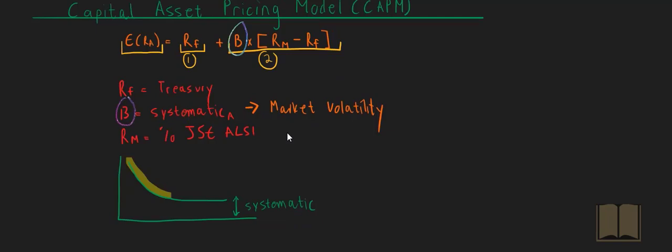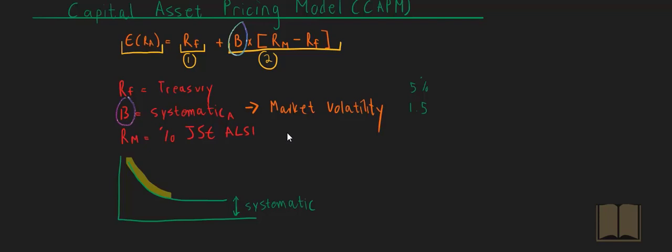So the expected return on asset A, if the following was in place, would be as follows. If the risk-free rate of return was 5%, the beta was 1.5, which means that this asset is more volatile to market forces than the average or the total market as a whole.